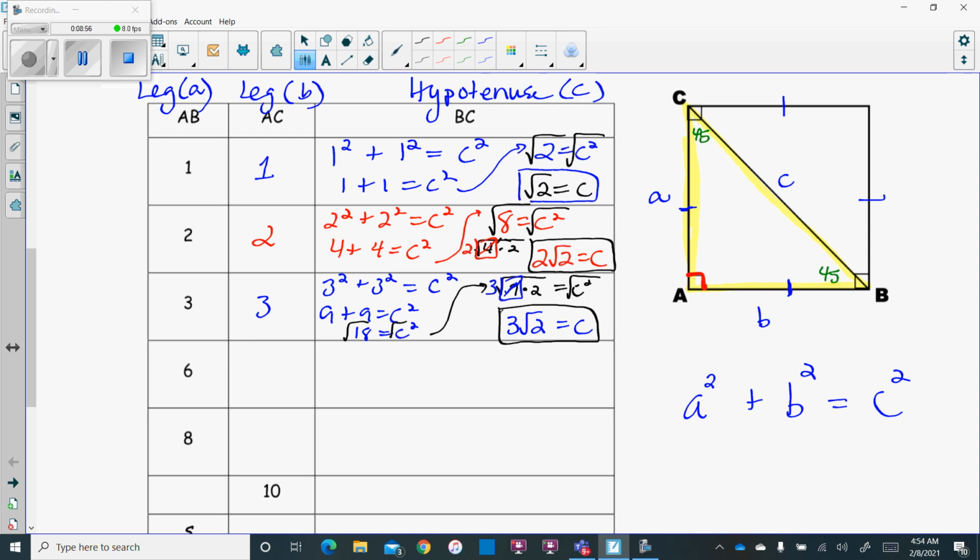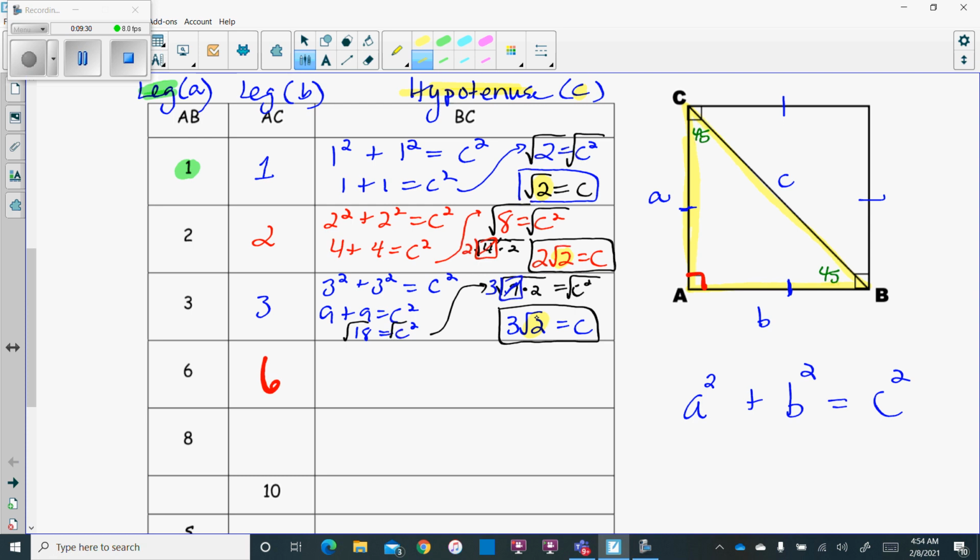So hopefully you see, if I know one leg, I know the other. We obviously know that the 2 legs are always going to be the same. But the pattern we wanted you to see was that if I know the leg, which is that number here, every time I work this out to get the hypotenuse, it has a root 2 in its answer.